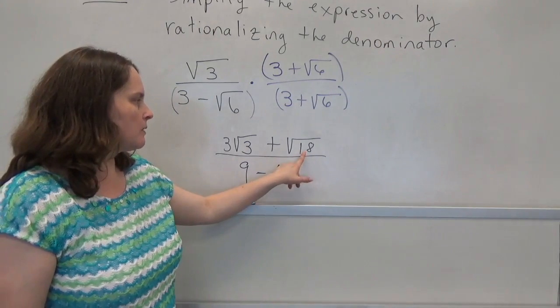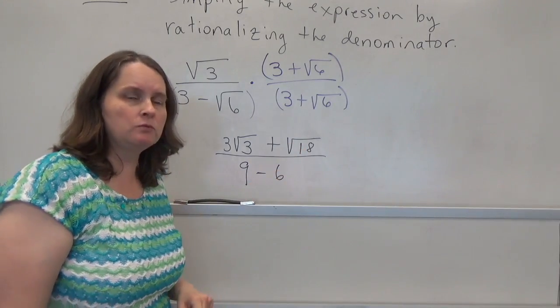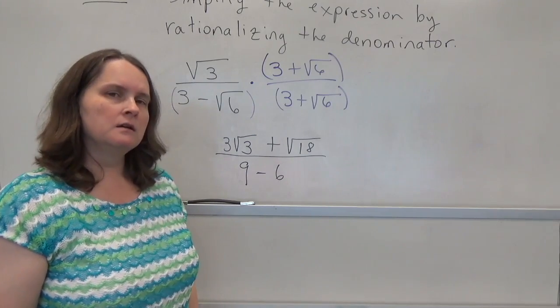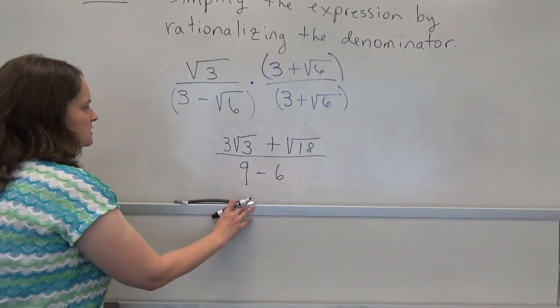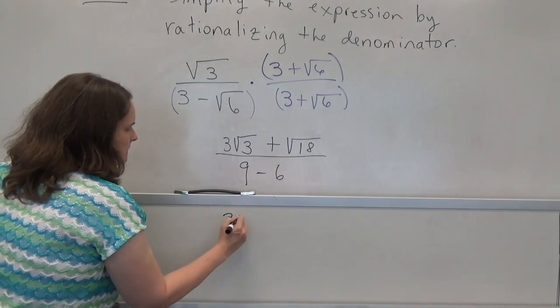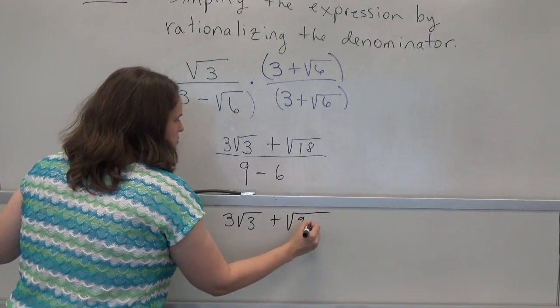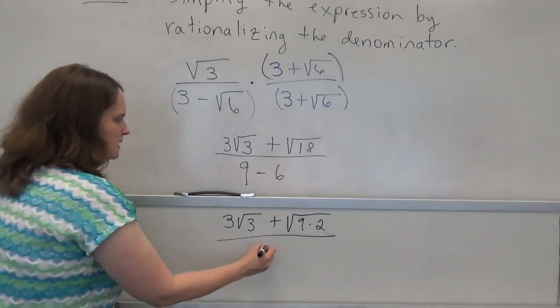If you think about factors of 18 that you might be able to use to help you, is there a perfect square that's included as a factor of 18? 18 would be 9 times 2. So you can say that this is the square root of 9 times 2. The denominator, 9 minus 6, gives me 3.